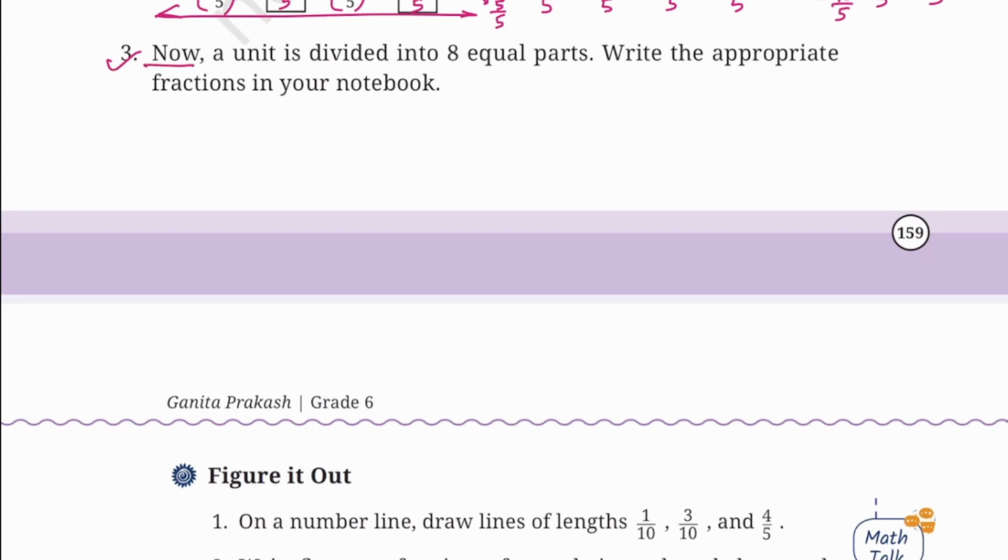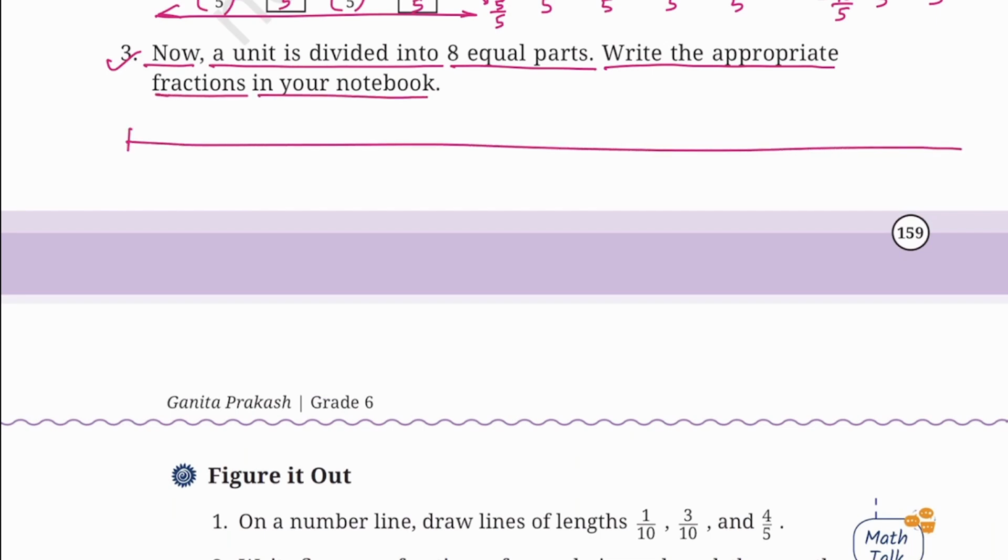3. Now a unit is divided into 8 equal parts. Write the appropriate fractions in your notebook. 0, 1, 2.